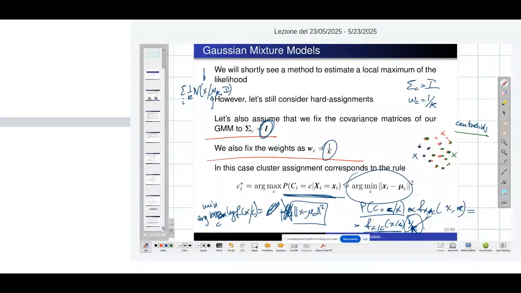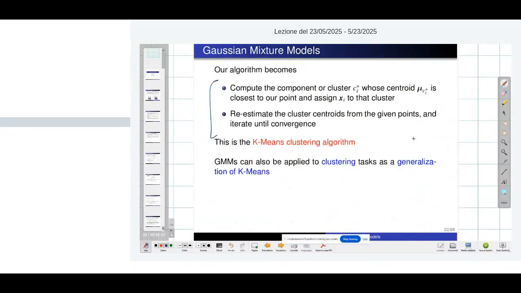Maximum likelihood solution: the mean of the samples that have been assigned to that component, so to that centroid. And then we repeat. So we start from centroids. We estimate the cluster label by finding the nearest centroid to each point. And then we re-estimate the centroids by taking the mean of the points assigned to that centroid. This is, I hope you remember, exactly the k-means algorithm.